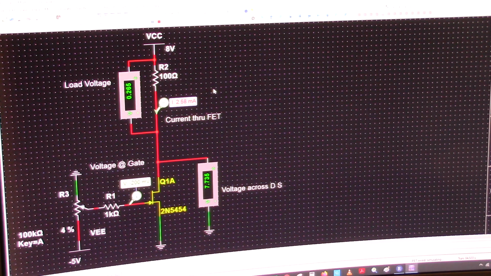So it's 2.5 milliamps, something like that. So I have 2 milliamps right now, and I have 400 millivolts at the gate. Keep increasing that. So we go up to about 1 volt.